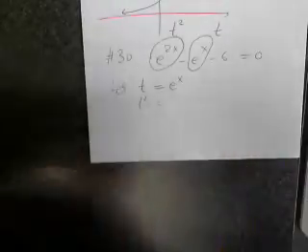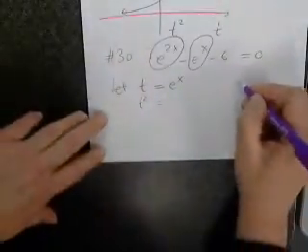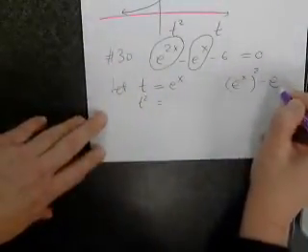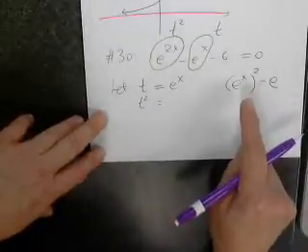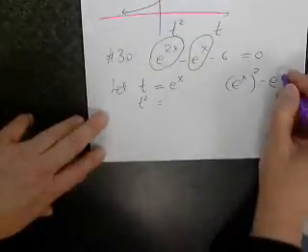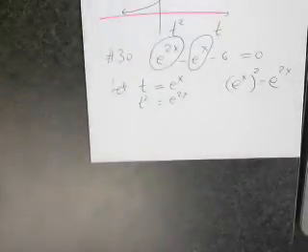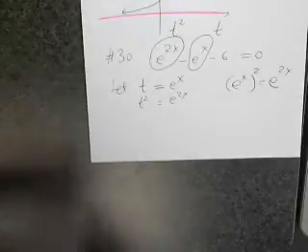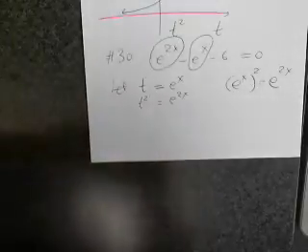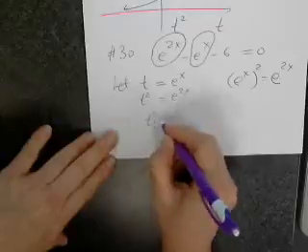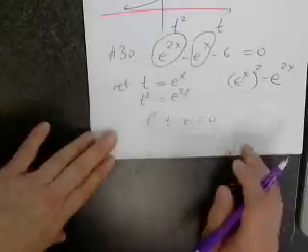If I square e to the x squared, I copy the base. What do I do with the exponents? Yes. So this equation, although it's exponential, is also quadratic in form. So then this is t squared minus t minus 6 equals 0.